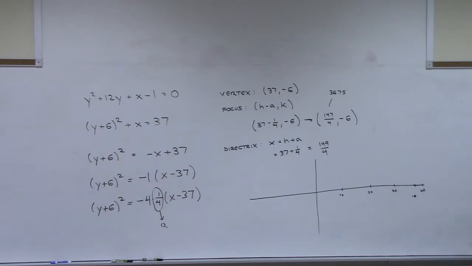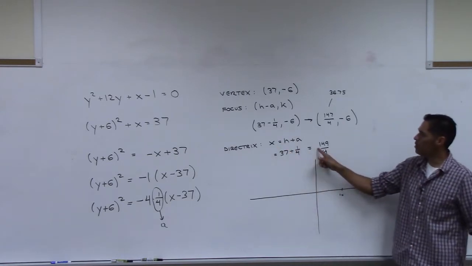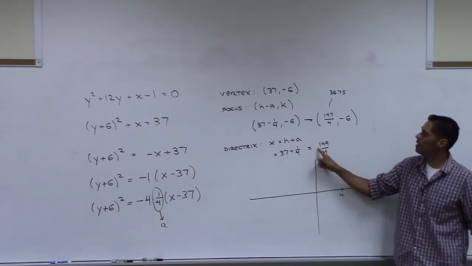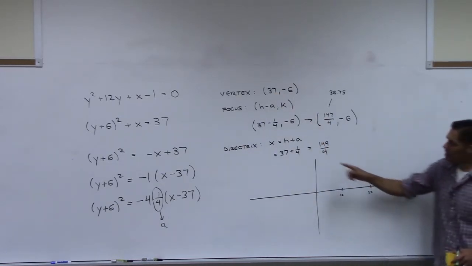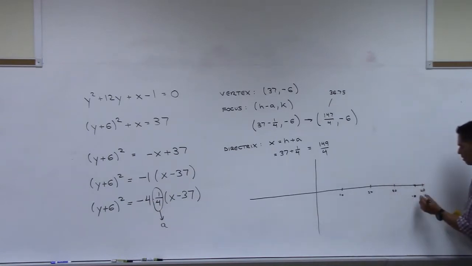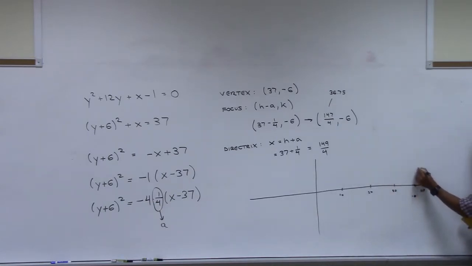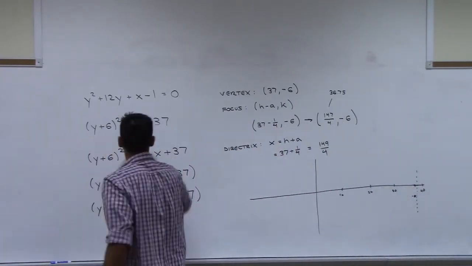I'm going to make it a little smaller. And then your directrix is x equals this number, which is a little bit bigger than 37. And it's x equals a number, which means it's a vertical line. So I'm going to draw a dotted vertical line like this. Okay, now I'm going to zoom in on that to help illustrate what those things are.